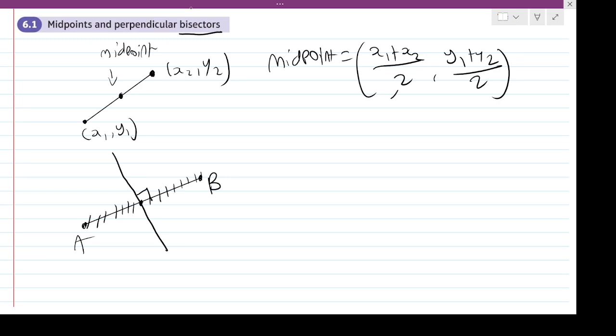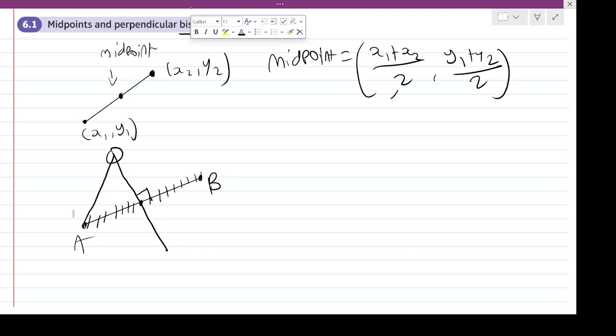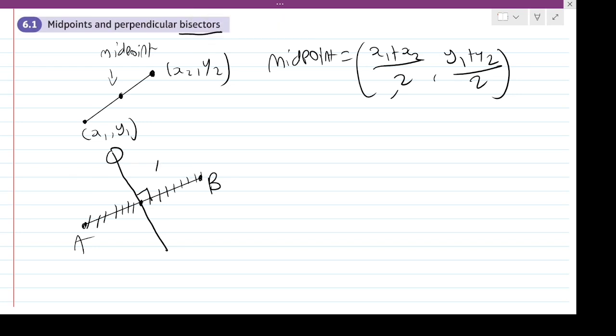For example, if we took the distance from point A to the top of the bisector, and then we draw from B to that same point, those two lines, left side and right side, will be equal. So that's the idea of equally spacing apart the two lines. That's the perpendicular bisector.